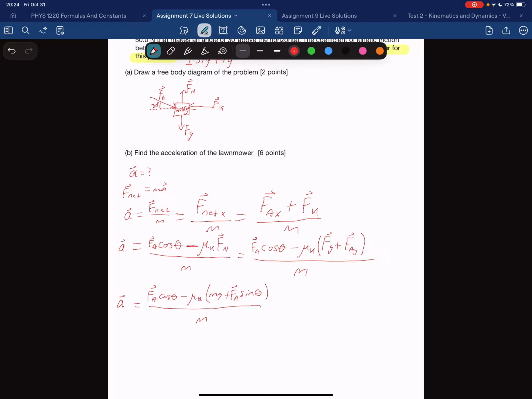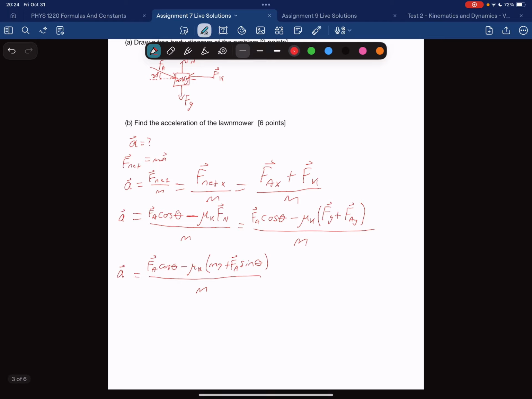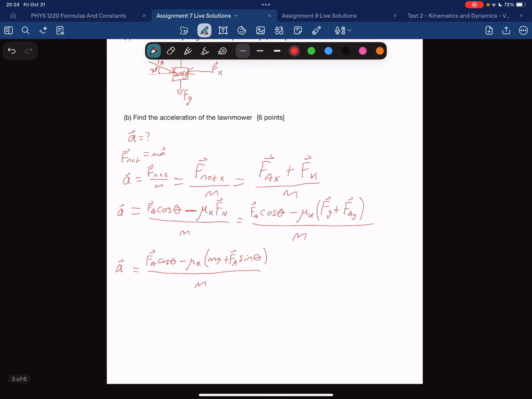And now we have everything in here. We have Fa, we have theta, we have mu k, we have m, we know g is 9.8. And that's everything we need. We've been given everything. So now we can actually go ahead and plug some numbers in.